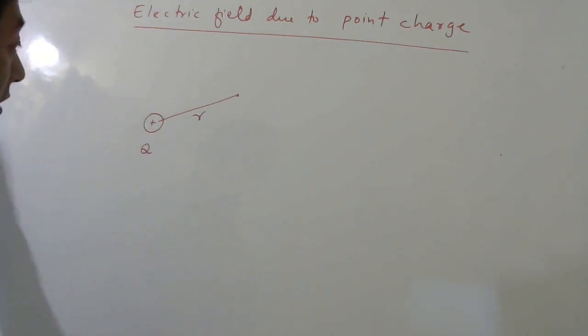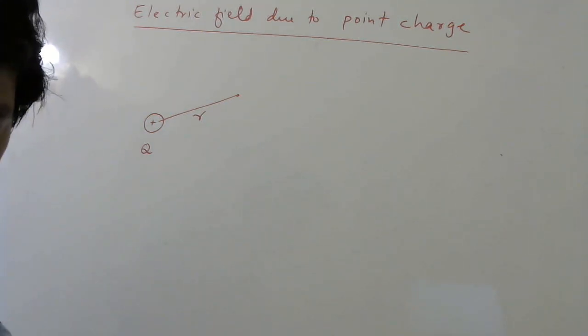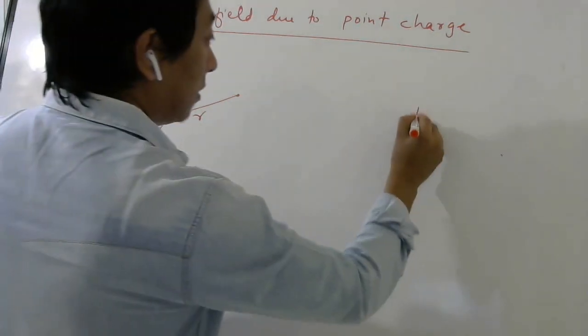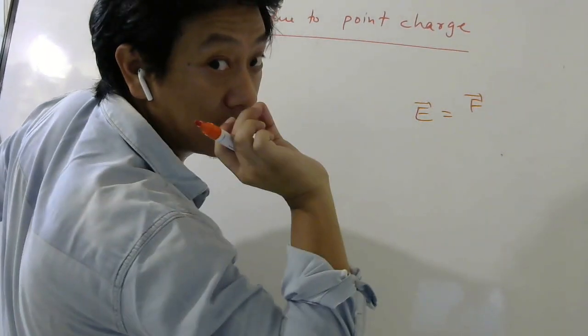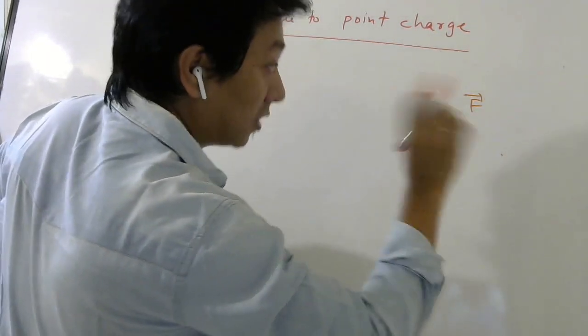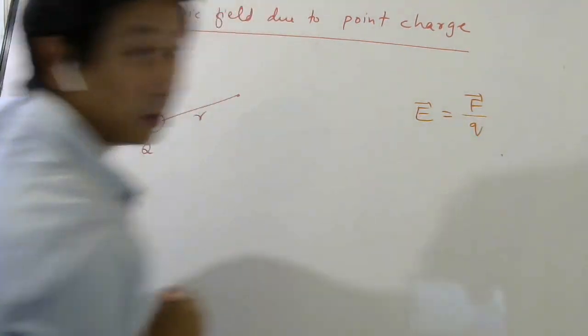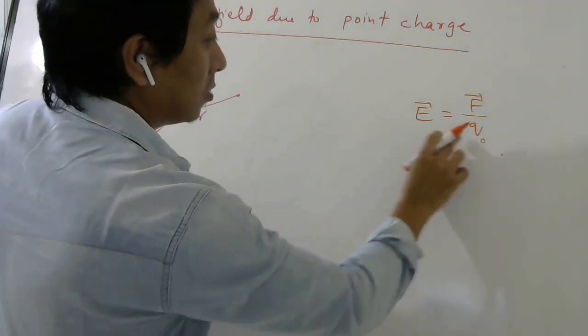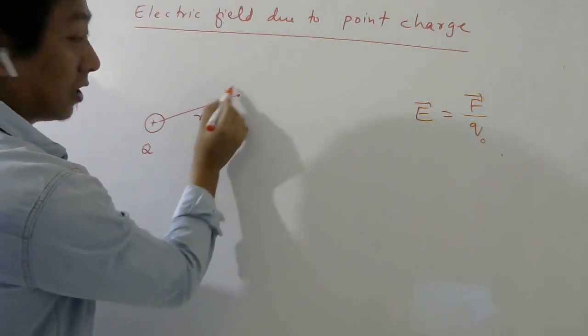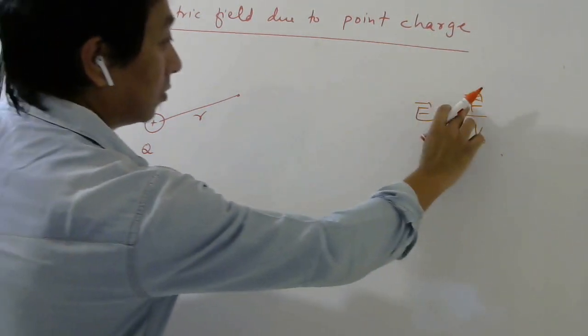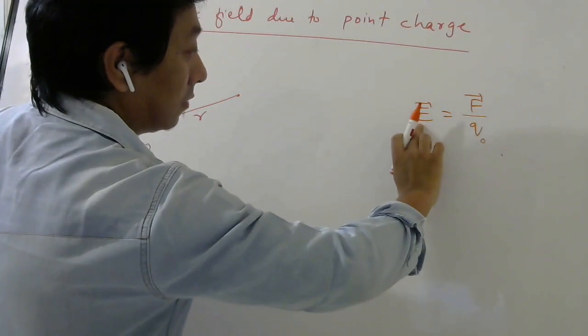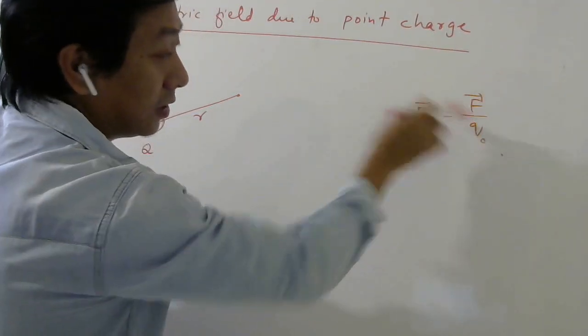But if you want direction, then you have to go to the vector formula for electric field, force experienced by a positive test charge. If I keep here a positive test charge, where will be the force? Repulsive. And if force is this way, electric field will be also that way.